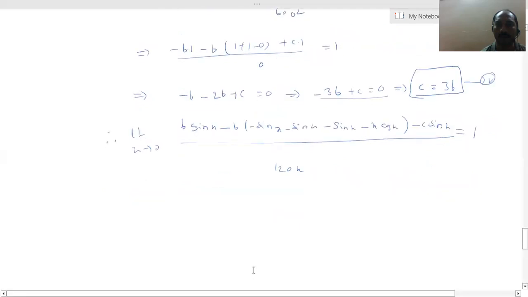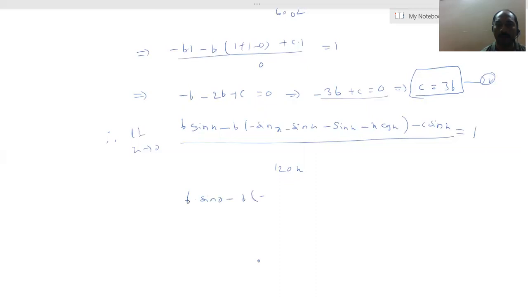Substituting this value, substituting the sin value, we get b into sin 0 in the numerator, minus b into minus sin 0, minus sin 0, minus 0 into cos 0, c into sin 0, over 120 into 0 equal to 1.